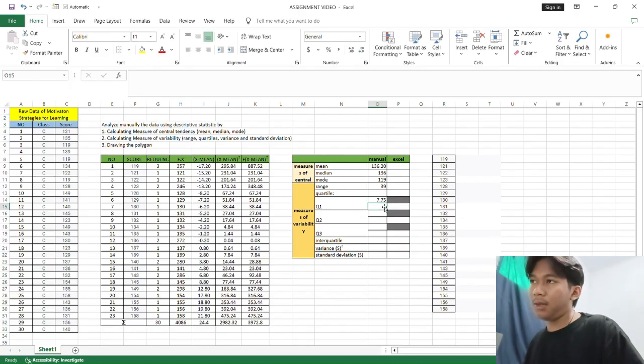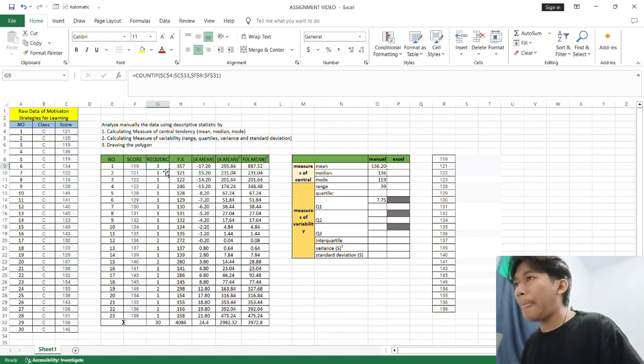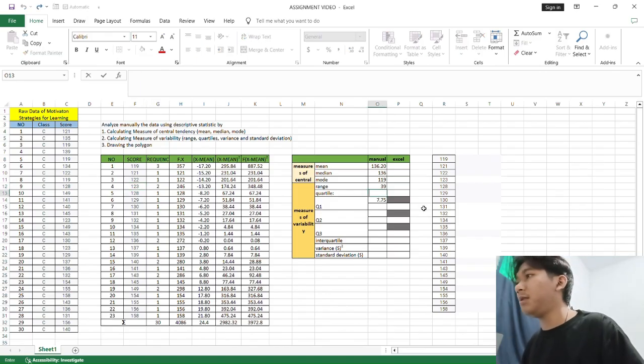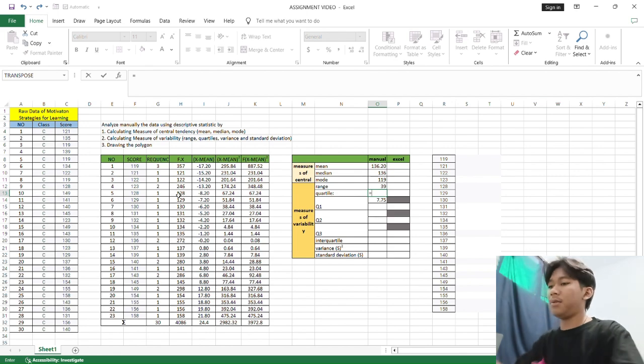So the first quartile position is 7.75. We're just gonna count it as 7, I think. And then we're gonna look at the 7th order in our data, which is 130, 123. 123 plus 128 divided by 2.